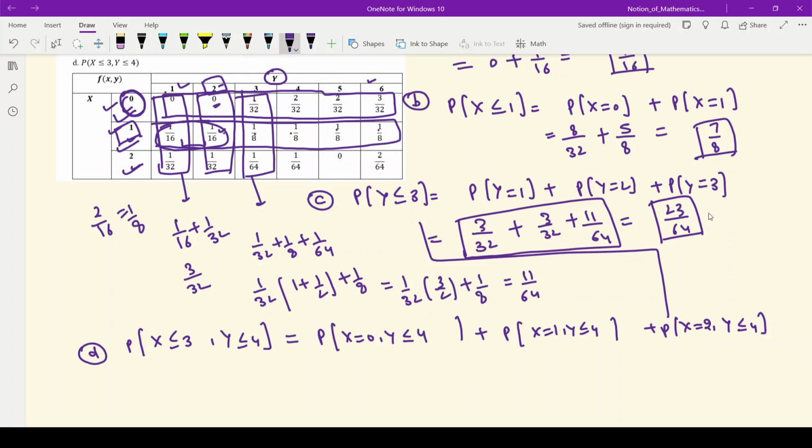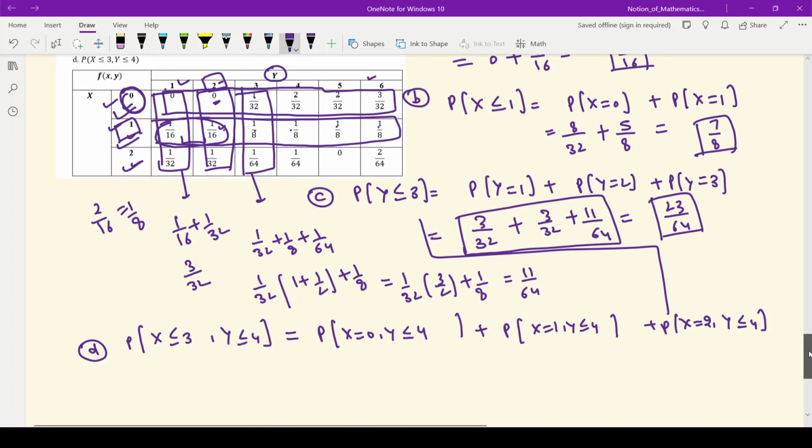Now students, our concept is quite clear because the basics are clear. Probability at x equal to 0, but y less than or equal to 4, means up to this particular value. So I will write 1 by 32 plus this value plus this value plus 2 by 32.